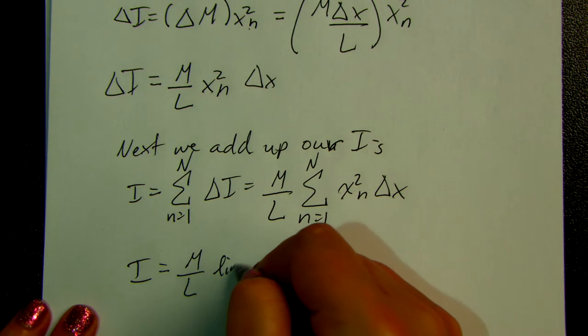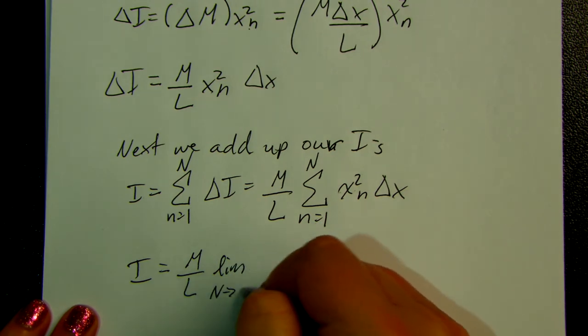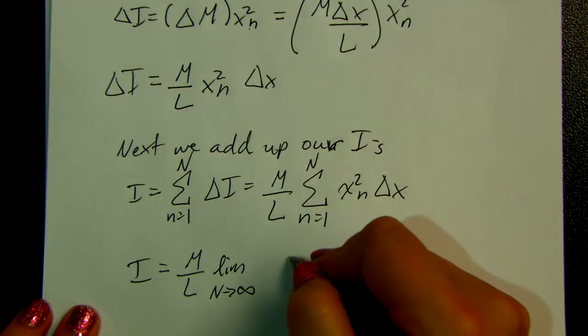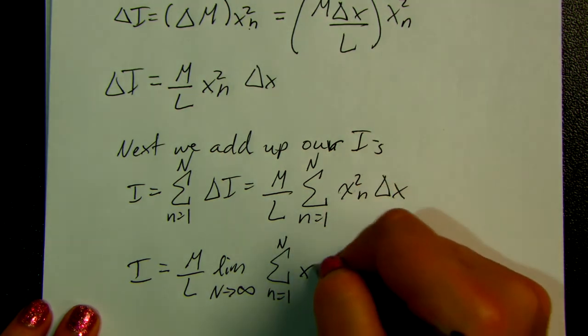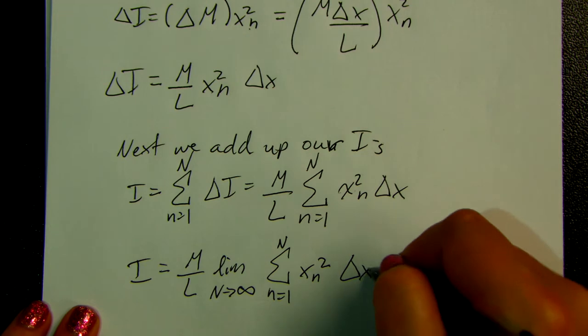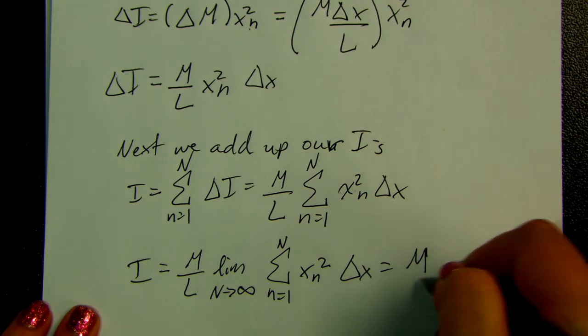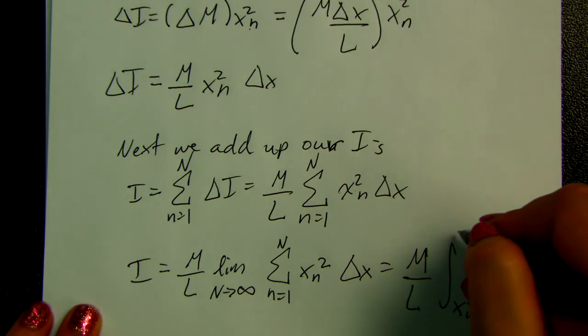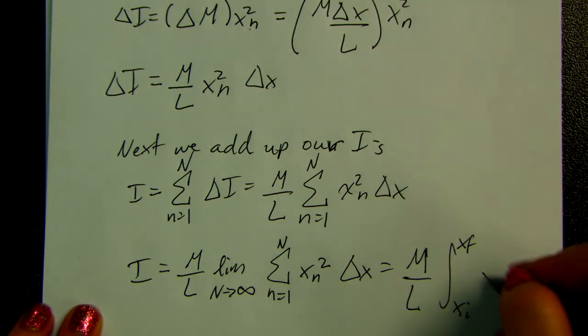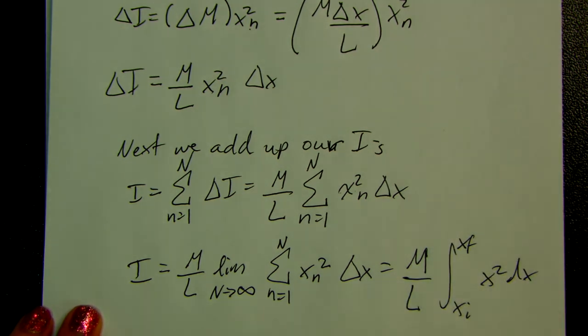Now we want to take the limit as these slices get smaller and smaller, so n goes to infinity. The sum from n equals 1 to n of x n squared delta x is, of course, the integral from x initial to x final of x squared dx.